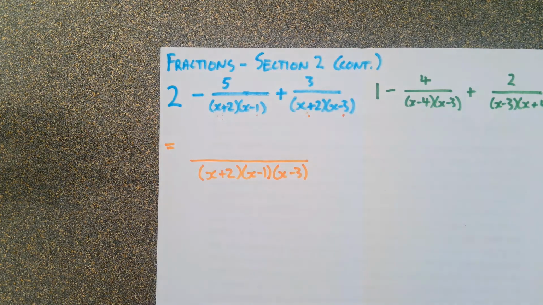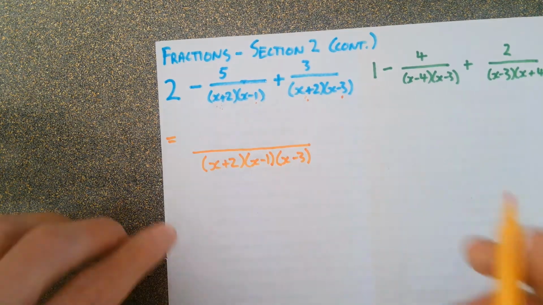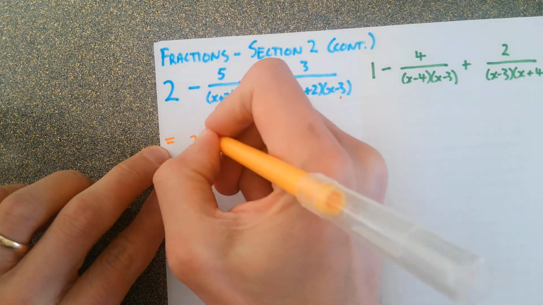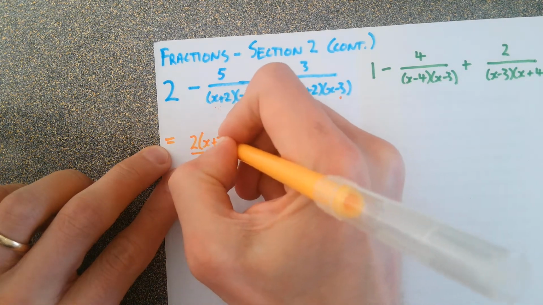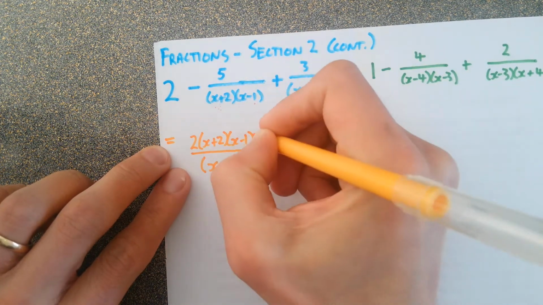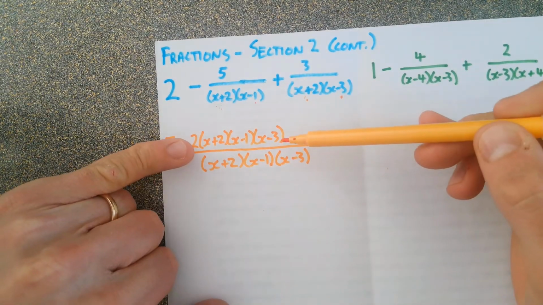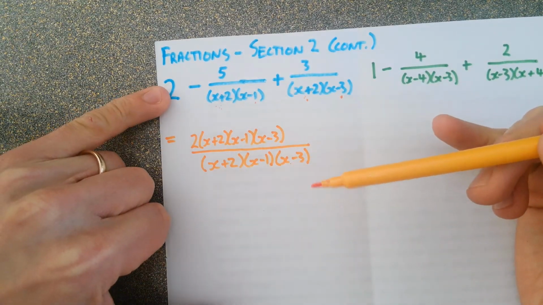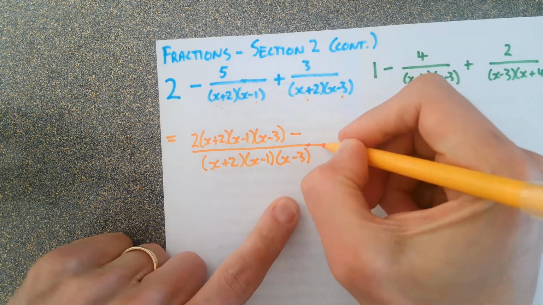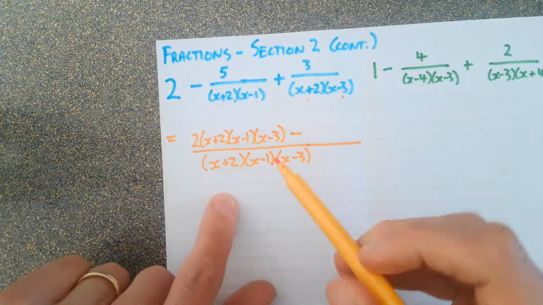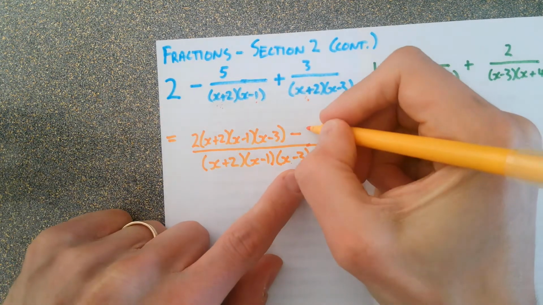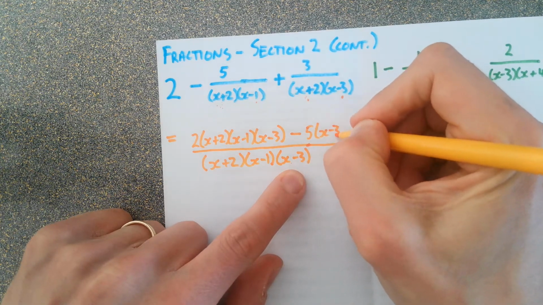Okay? So, the 2. We're going to need to multiply the 2 by all of these brackets. x plus 2, x minus 1, x minus 3. Again, you hopefully agree with me that that would currently cancel down just to that. This second fraction, in order to get it over this denominator, would just need multiplying by the x minus 3.